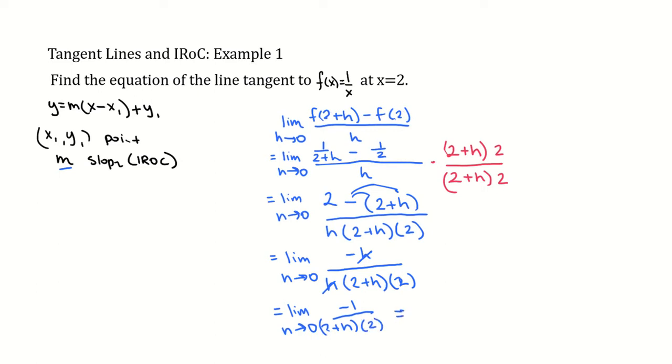Now we plug in h equals 0 and evaluate this limit. That'll be negative 1 over 2 plus 0 is 2, times 2. So negative 1/4. So this value is our instantaneous rate of change, which is our slope.